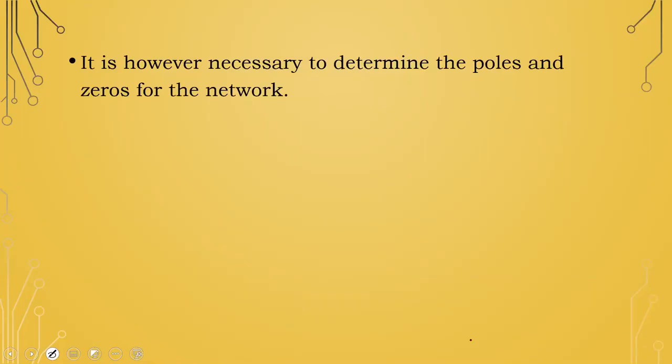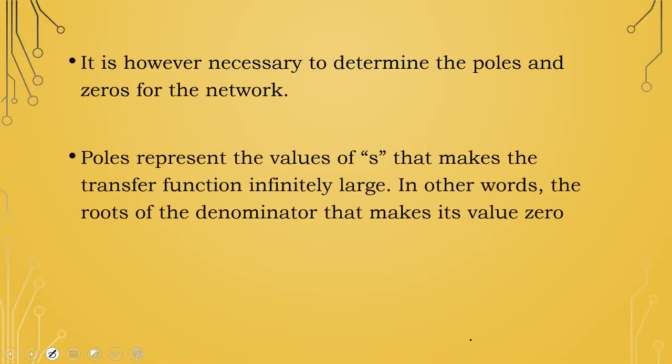So what's a pole? A pole represents the values of S that makes the transfer function infinitely large. If the transfer function is going to be infinitely large, it means that the denominator of the transfer function is 0. Right? So the poles represent the values of S that makes the transfer function infinitely large.